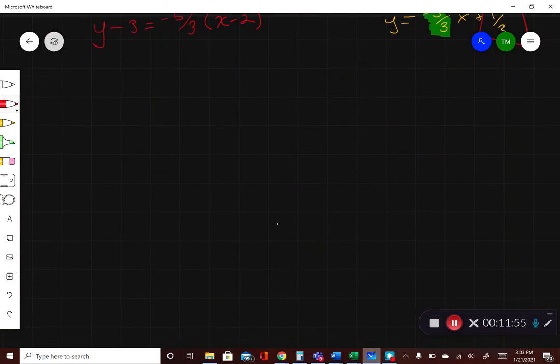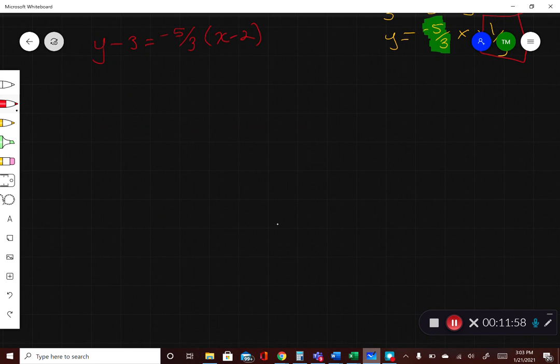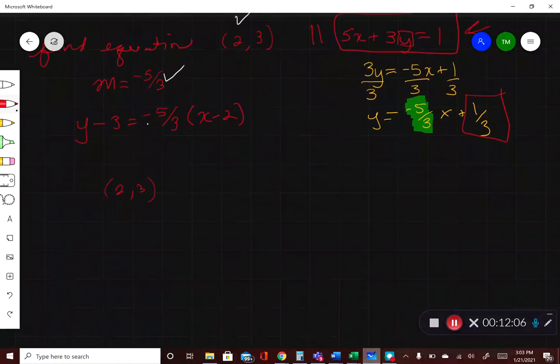Let's take a look at another one. Let's say that we wanted to find the equation of a line that passes through the point 2, 3. And we're going to use that same equation there and is perpendicular, and that's the symbol for perpendicular, to that line 5x plus 3y is equal to 1.